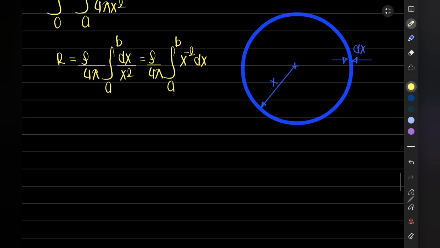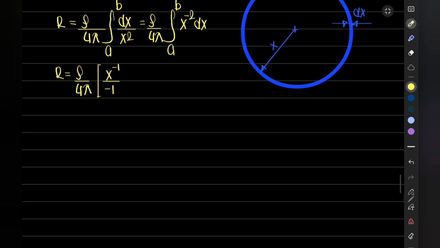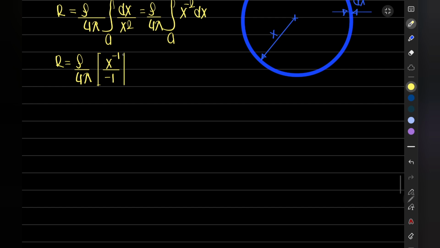Now after applying the concept of integration, R equals rho upon 4 pi. Integration of x to the power minus 2 will become x to the power minus 1 upon minus 1, and limits are from A to B. One more step which I am going to add here is to take this minus sign outside, and take x to the power minus 1 into the denominator.